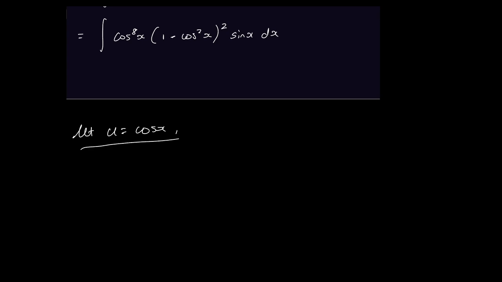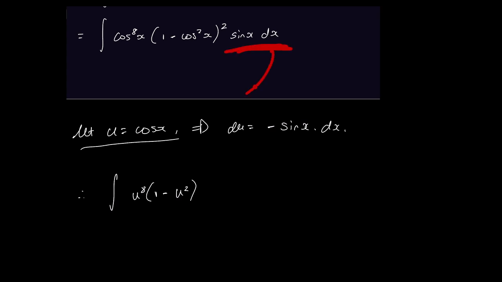If u equals cos x, that means du equals negative sin x dx. So we've got u to the 8 times (1 minus u squared) squared, and then sin x dx equals negative du, because we divide by negative.